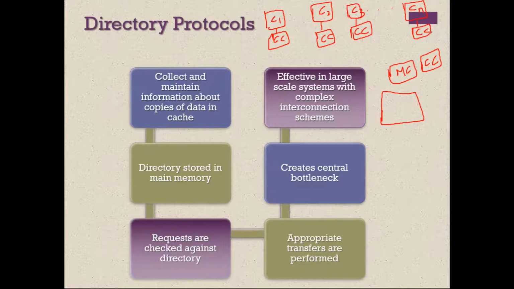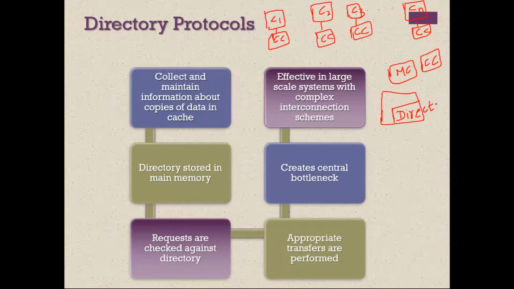Directory contains global state information about the contents of the various local caches. Each cache is called a local cache. So the directory is a space in the main memory which contains information about the state of the local caches.